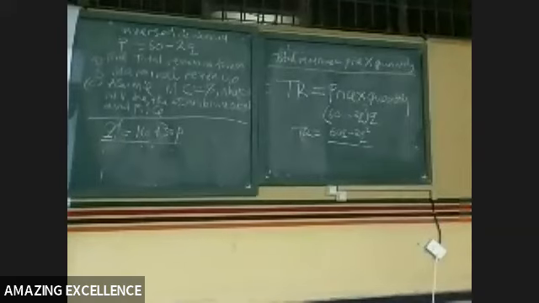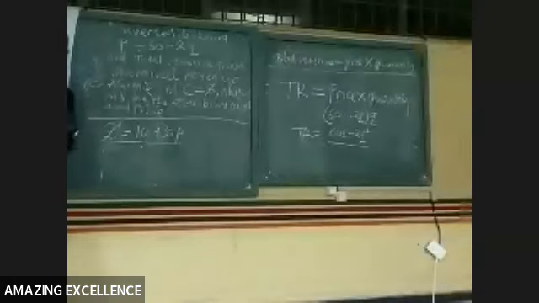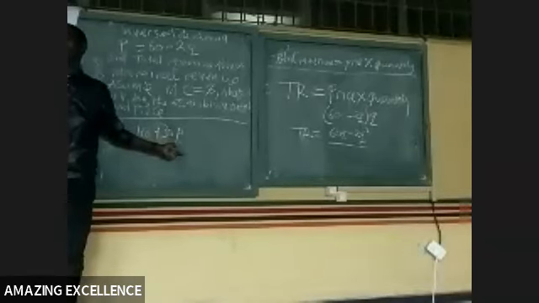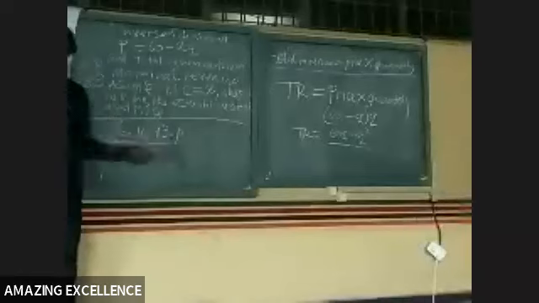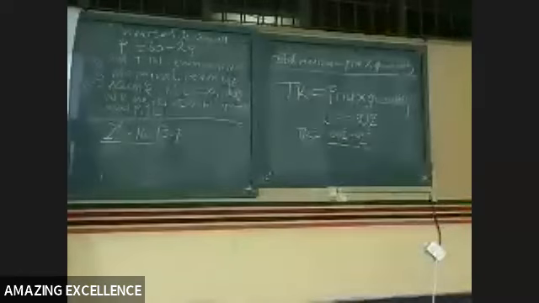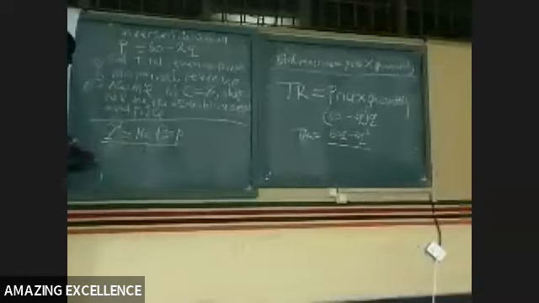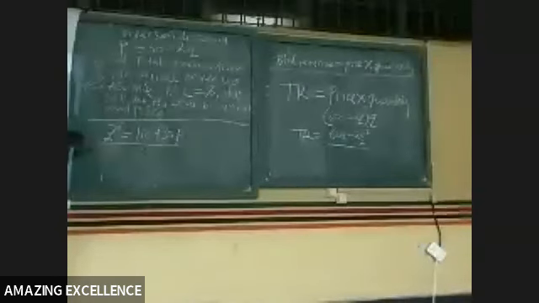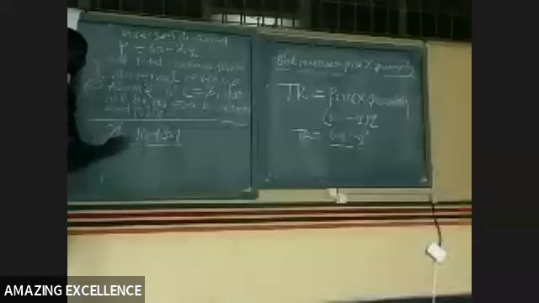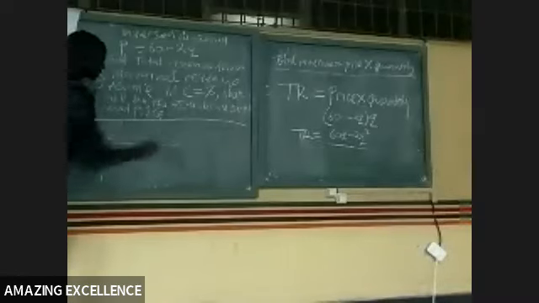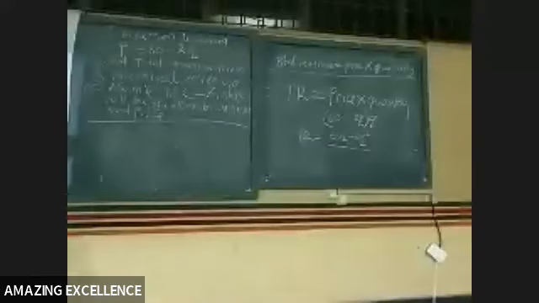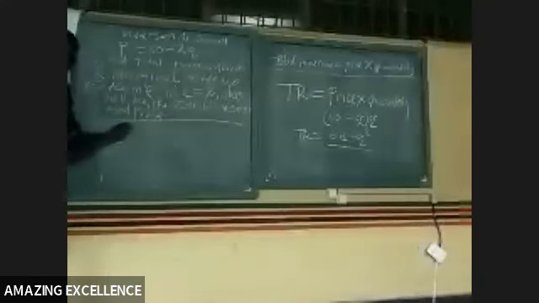To invert it simply means you make P the subject of the formula. That's why I was trying to compare. So you have to make P the subject of the formula.